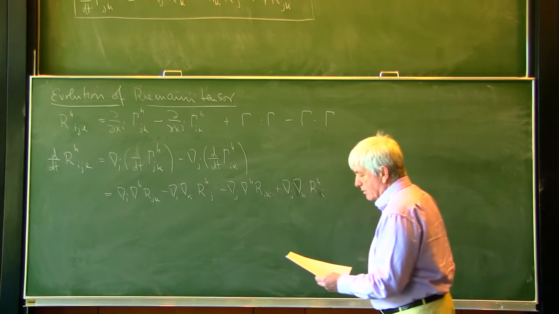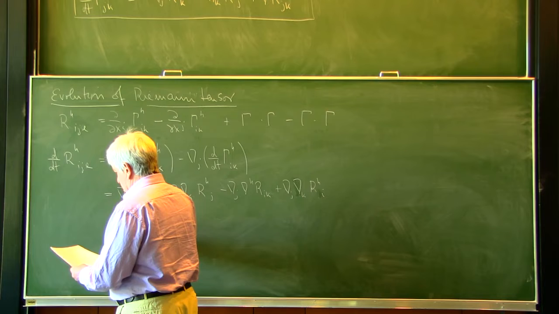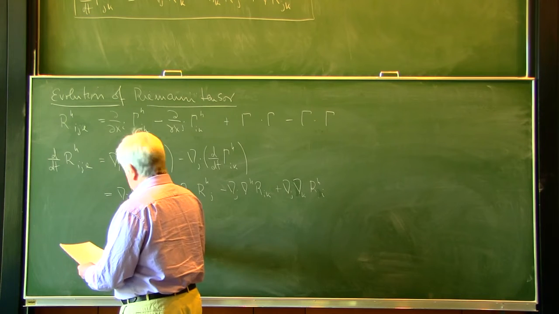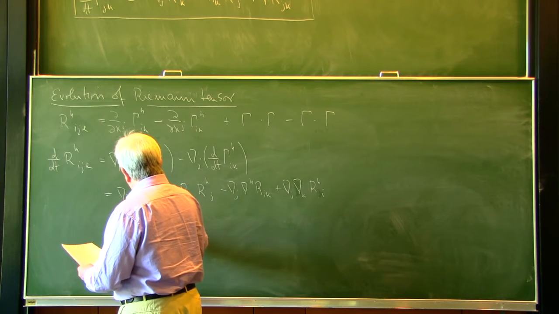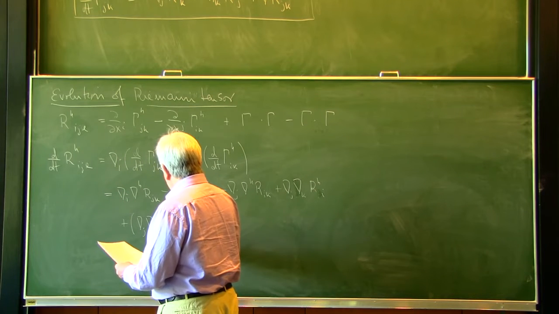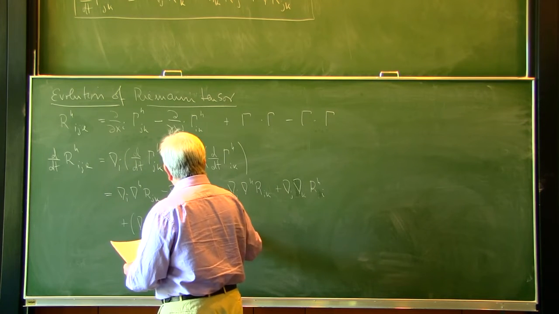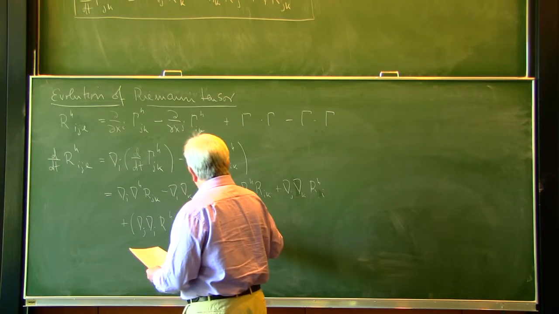These are the second derivative terms, and then there are two more terms. There is a difference between gradient J, gradient I of R_{HK} and gradient I, gradient J of R_{HK}.